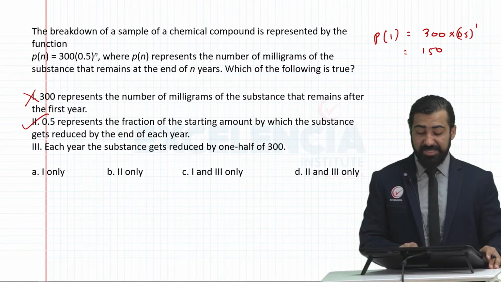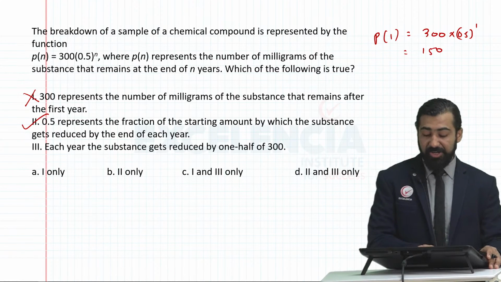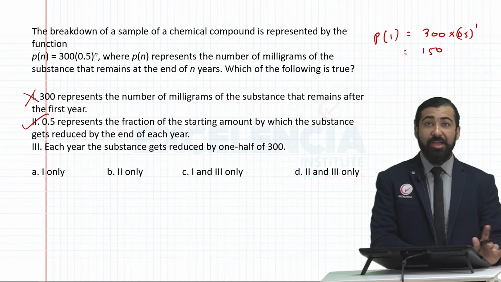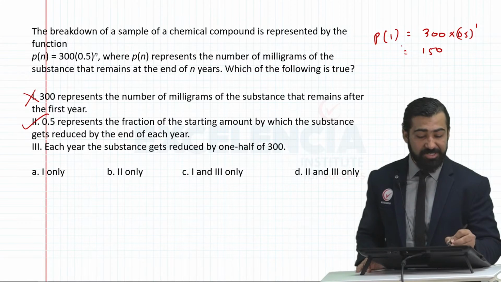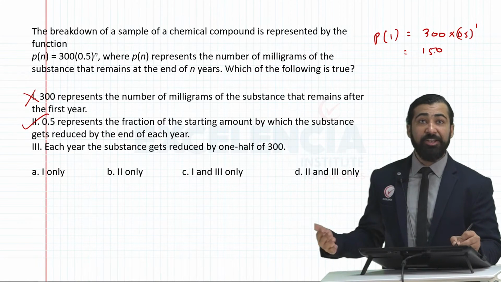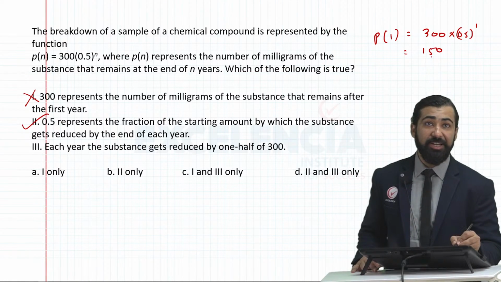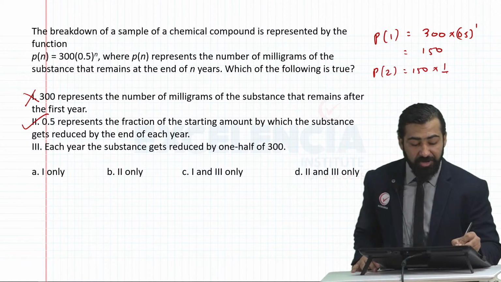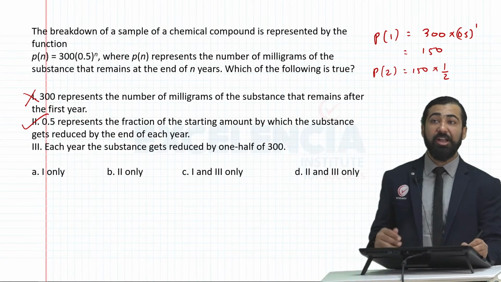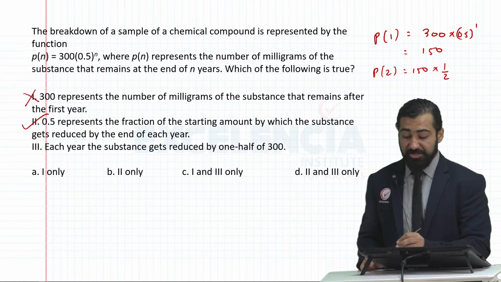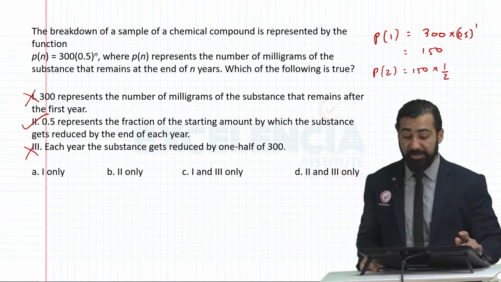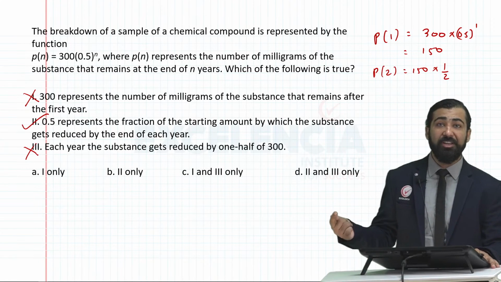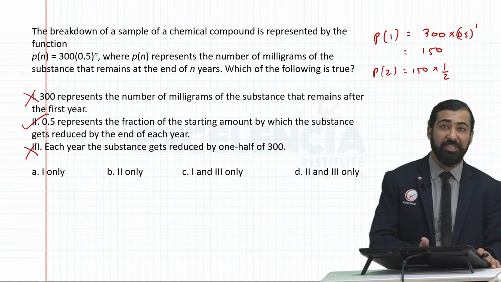Each year the substance gets reduced by 1/2 of 300. Not each year, because in the first year we reduced to 1/2 of 300 and came to 150. But when I'm looking at my second year, I'll reduce to 1/2 of 150, or 150 into 0.5. So this option becomes incorrect, because only for the first year we are reducing by 1/2 of 300.